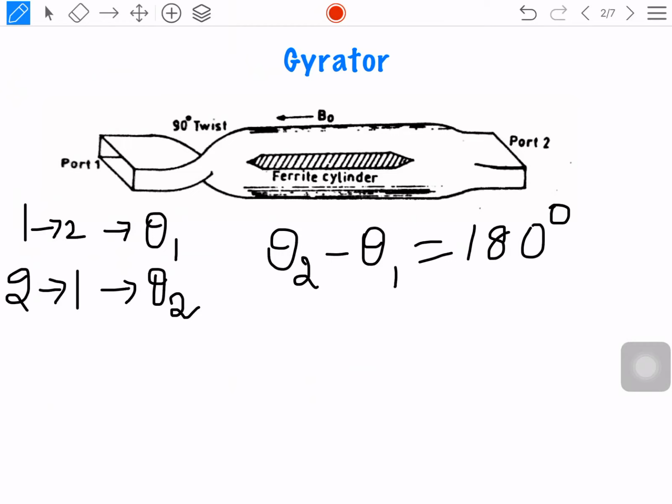The principal operation of the gyrator is based on the non-reciprocal property of Faraday rotation. See in this figure carefully, a microwave gyrator consists of a rectangular waveguide with a 90 degrees twist connected to a circular waveguide, which in turn is connected to a rectangular waveguide at the other end having the same orientation at the output as the input rectangular waveguide.